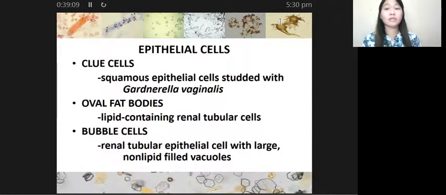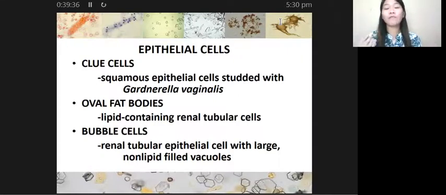So what are these modified versions? Okay, modified versions of our epithelial cells. So we have your clue cells, we have your oval fat bodies, okay, we have your bubble cells. All right, so una, dapat alam natin what type of epithelial cell is involved in the formation of these various modified sediments.